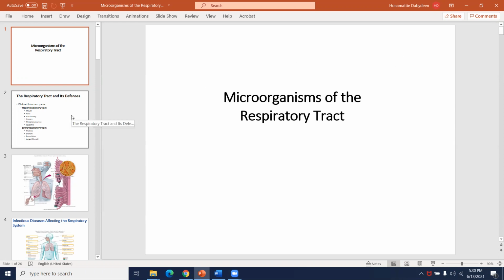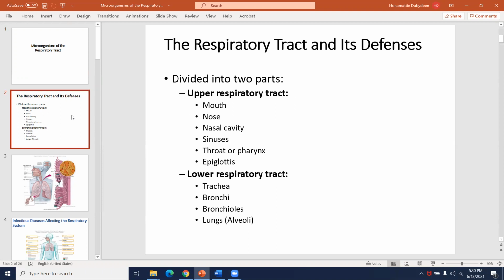Going according to my own way of doing it, we need to talk a little bit about the anatomy first. Now, our respiratory tract is divided into two parts: the upper respiratory tract and the lower respiratory tract.